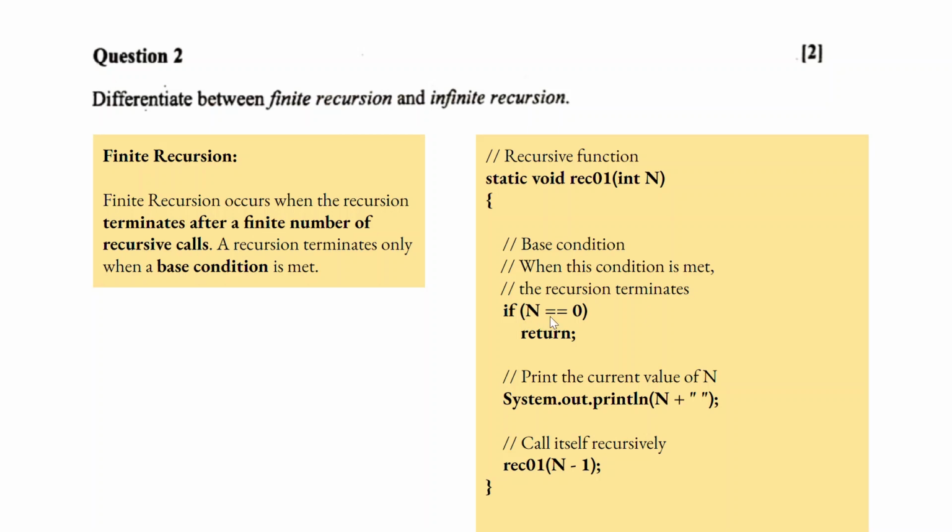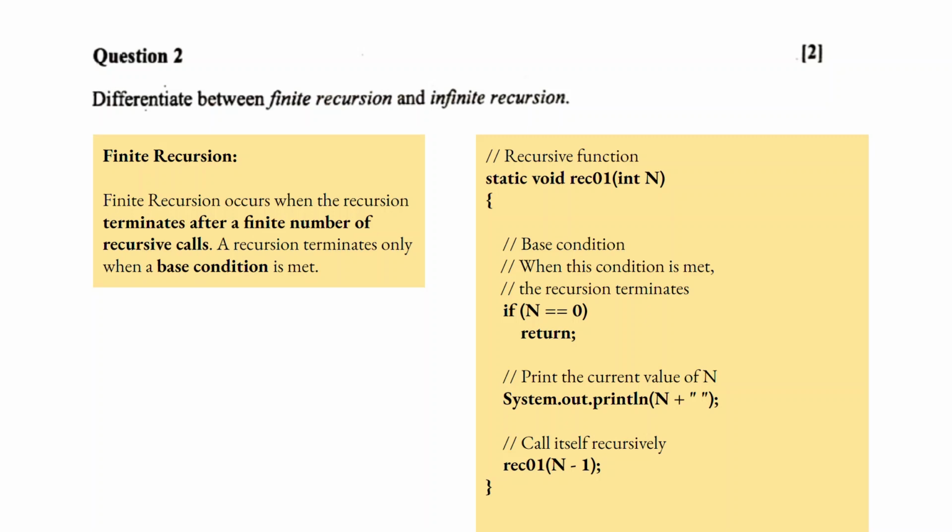So can you predict the output of this method? If this method has been called and the numeric number 5 has been passed as parameter, consider the value of n is 5 and try to predict the output of this method. You can pause the video and try to solve it. Yes, correct.